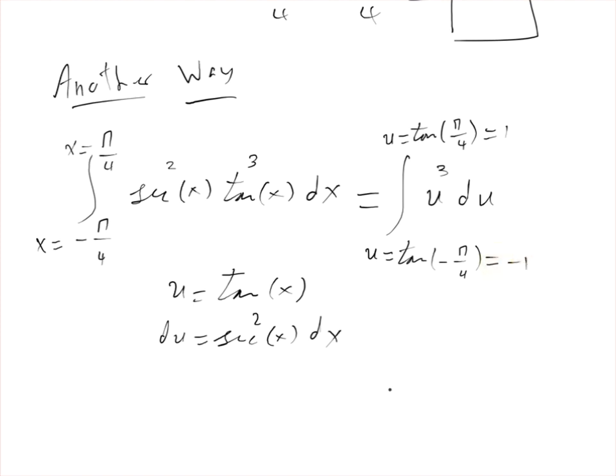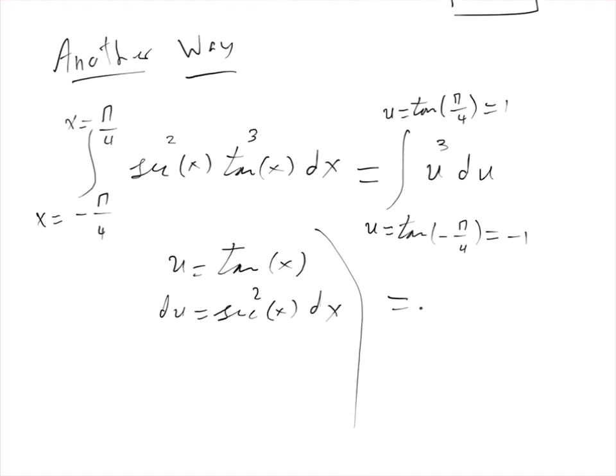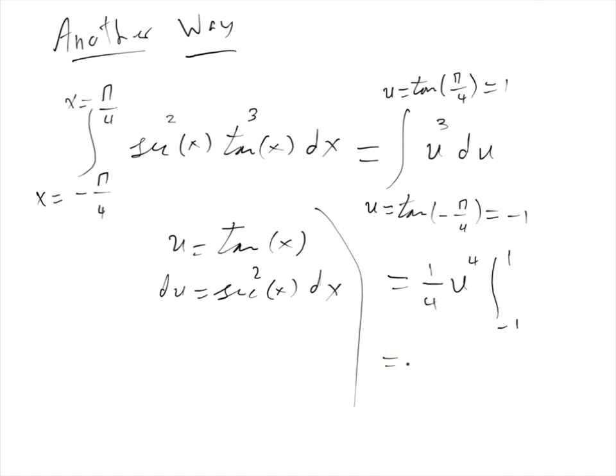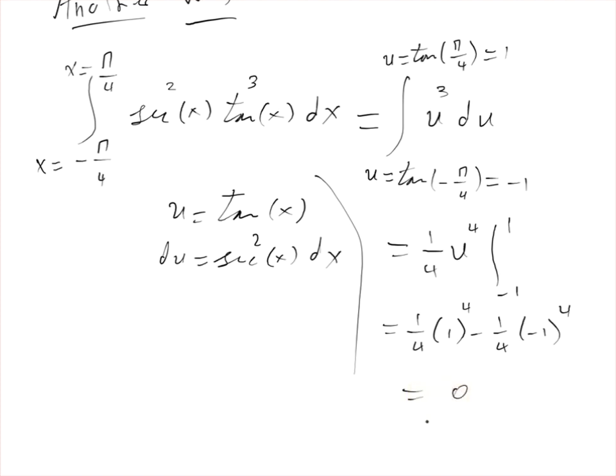So now when you find the antiderivative, you get 1/4 u to the 4 again, but this time you don't change u back to tangent x, you just plug in these new values, negative 1 and 1. So that gives you 1/4 times 1 to the 4 minus 1/4 times negative 1 to the 4. And then again, you get 0.